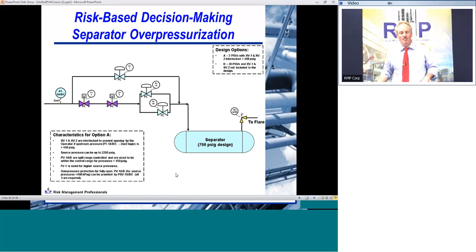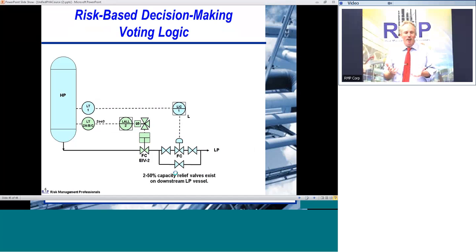Another example is the number of sensors. A lot of people like to put in voting logic. In this case, you're looking at a gas blow-by case. This dovetails with our previous example, where level control valve 1 can open and overpressurize downstream.